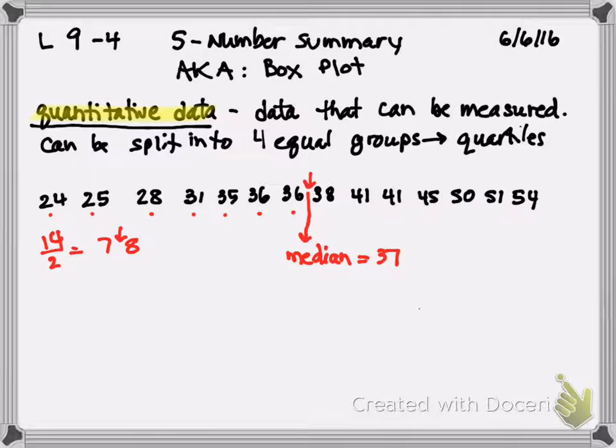I'm going to erase this out of the way and get rid of all these little dots. I can call this the lower half of the data.